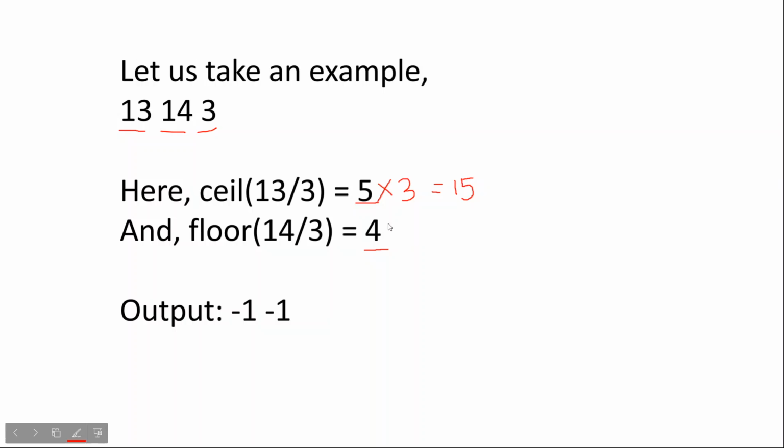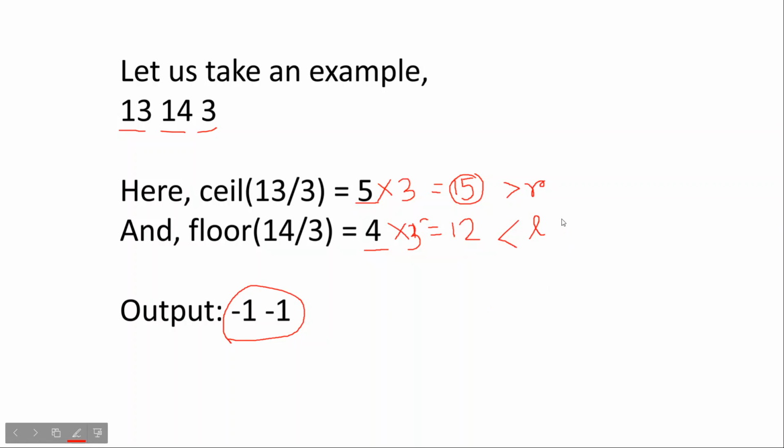And what will be the maximum height? Which is 4 times 3, which is equal to 12. We can see that 15 exceeds the value of R and 12 is less than the value of L, right? Hence the output will be -1 and -1.